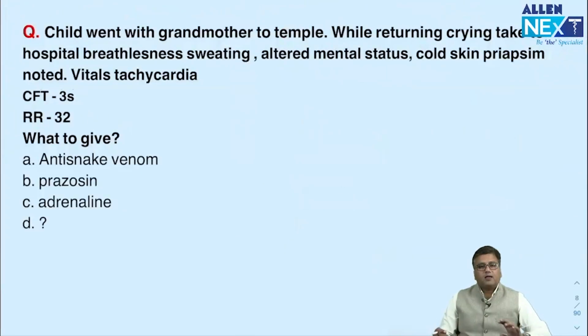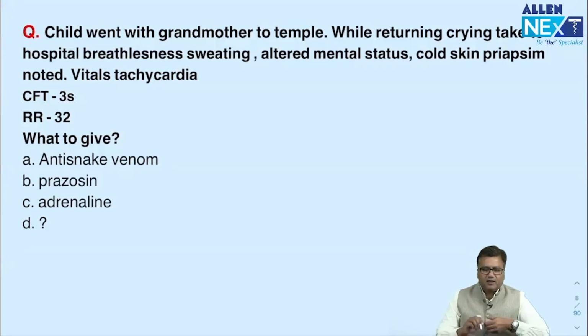Next, this question again is a slightly newer kind of a question because it looks like a probably new kind of poisoning has been asked in this question after a long time. Let's read this question. Child went with grandmother to a temple, and while returning or after returning, he started to cry inconsolably.